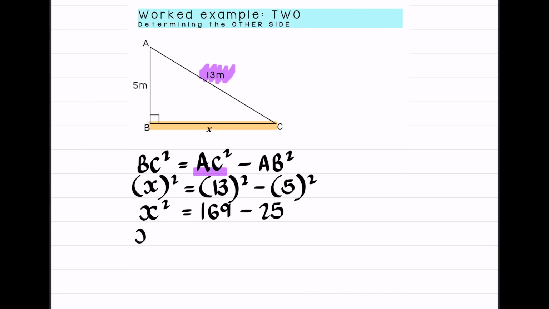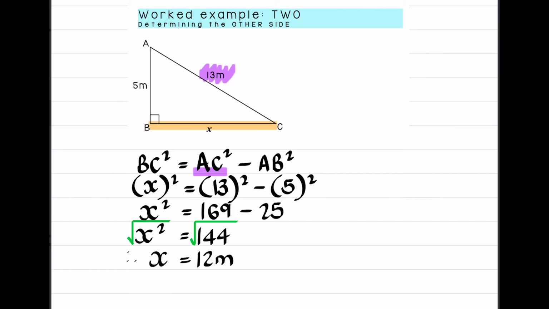So I have x squared equal to 169 minus 25, which is 144. But I'm not looking for x squared, I'm looking for x by itself. So I'm going to square root the left-hand side and the right-hand side of this equation. Therefore, the square root of x squared is x, equal to the square root of 144, which is 12. Carry down your unit, meters.